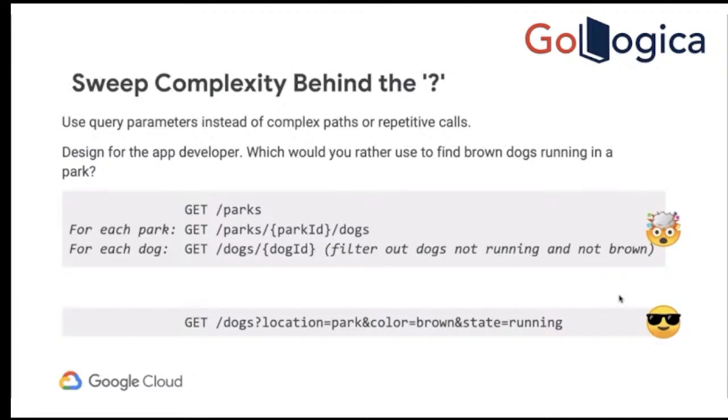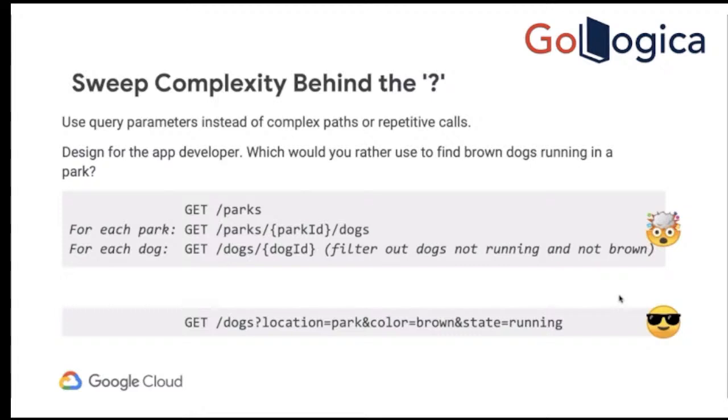So list all the parks within the city. Here the city will be a repetitive thing for all of them. For things which are repetitive, we should put them in the query parameter.